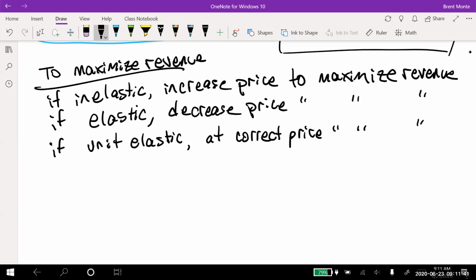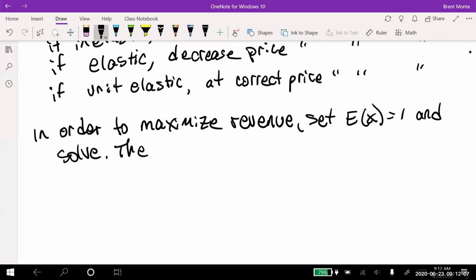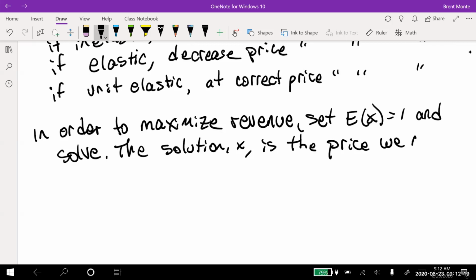And so we can use that last one to say this: in order to maximize revenue, set E of X equal to 1 and solve. The solution X is the price we need to maximize revenue.